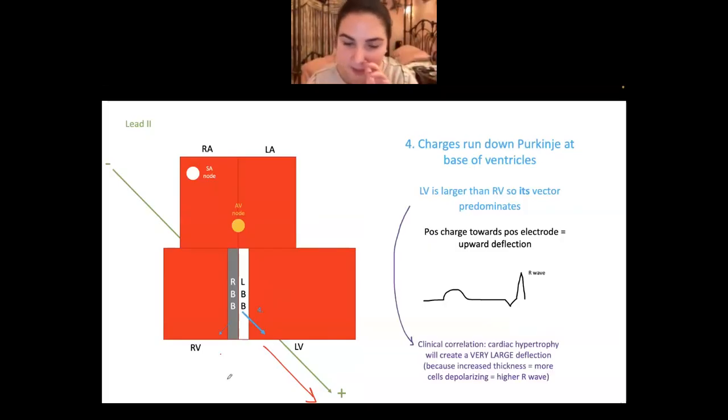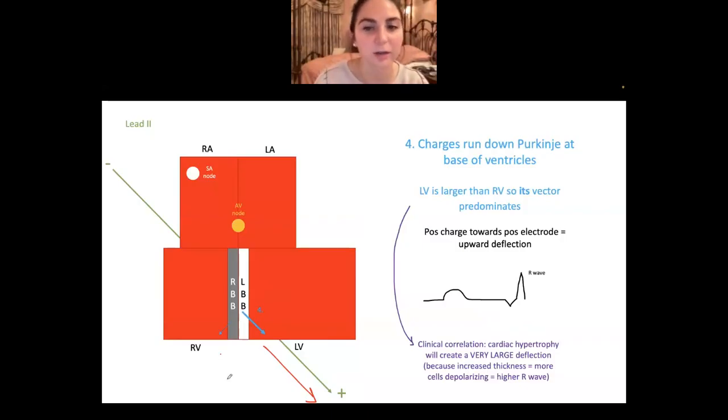And then, oh yeah, my clinical correlation is, at this step, the R wave is basically trying to depolarize the entire left ventricle. So you can imagine if someone has left ventricular hypertrophy, you guys have all done chapter 1 of Pathoma, you know that just means the cells are thicker.